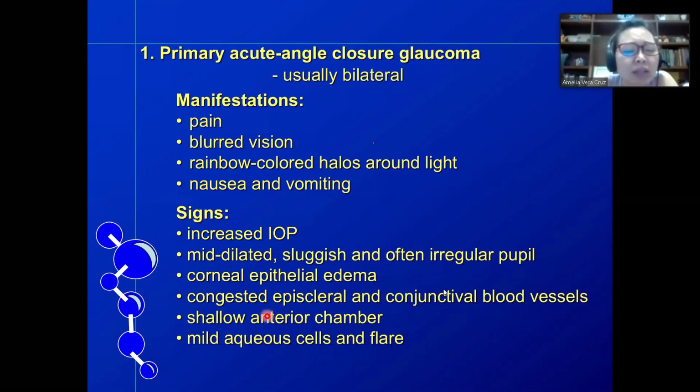Shallow anterior chamber. Hindi mo makikita yung mild aqueous cells and flare sa anterior chamber kasi you have corneal edema. Makikita mo na lang yan pag wala na ang corneal edema. Mahirap makita yan.